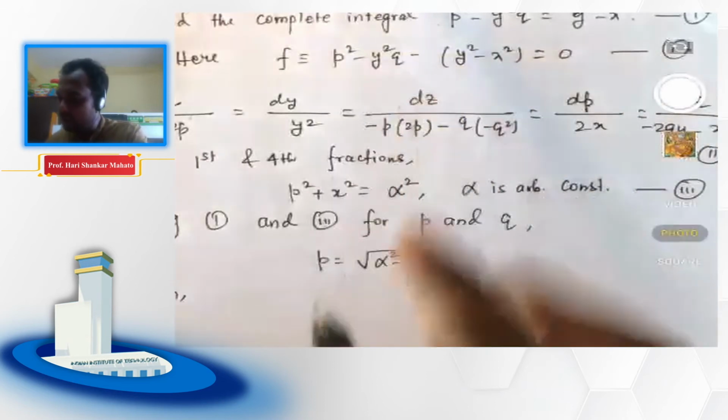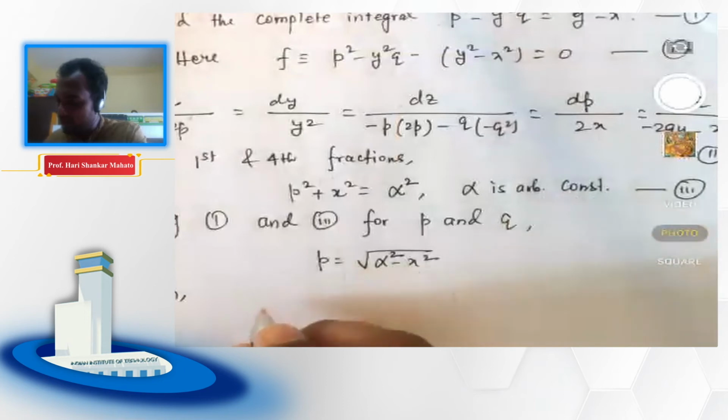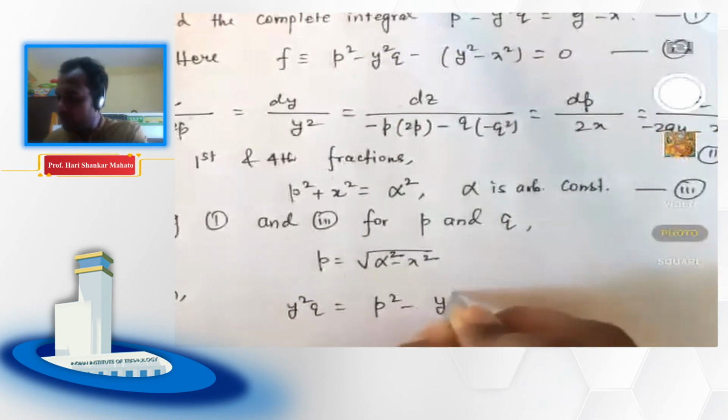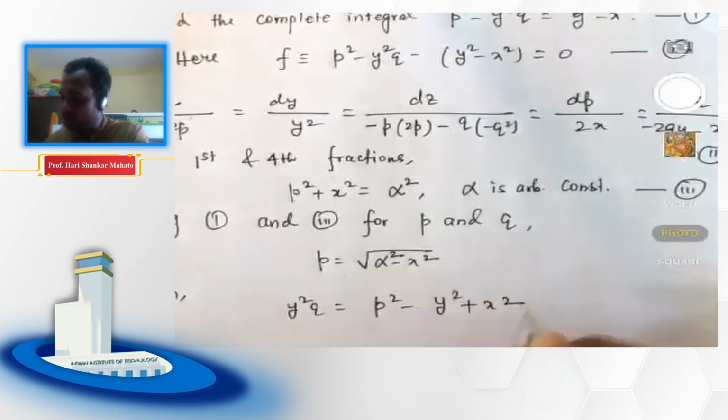Again from this relation, we have y square q equals p square minus y square plus x square. So I know what my p square is. My p square is alpha square minus x square from relation number 3, and this one is minus of y square plus x square, and this is y square q.